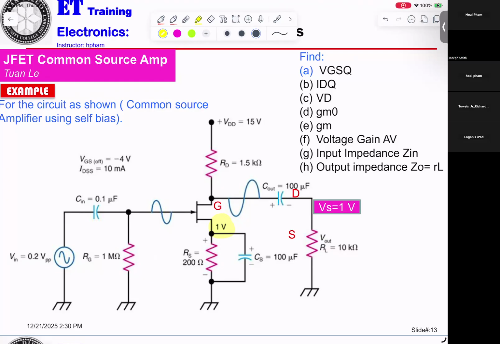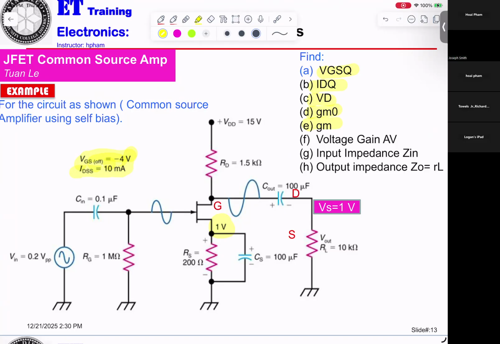I think you're able to do it. They already gave you everything here. To calculate this: GM is just a formula, then the voltage gain, input impedance, and output impedance.